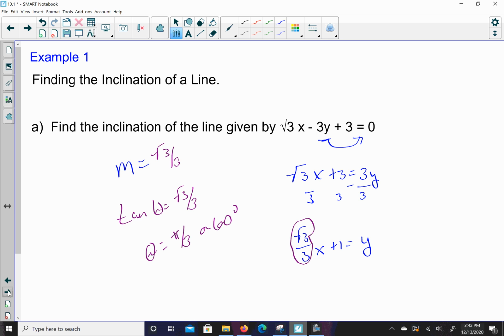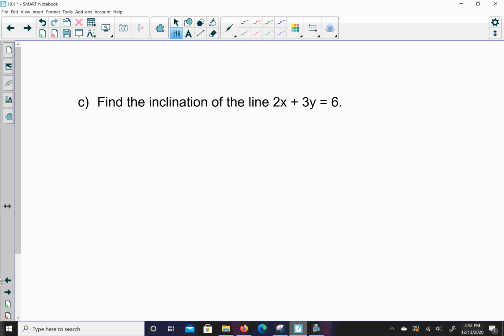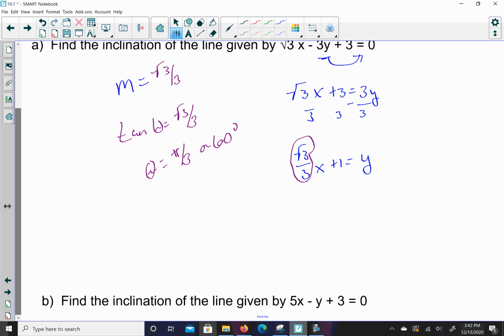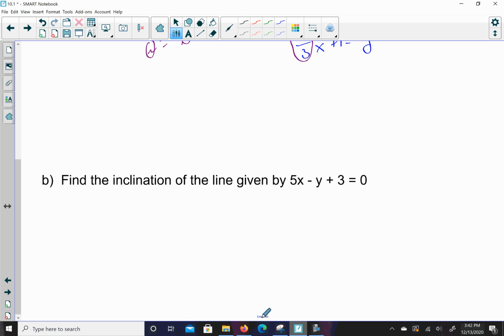Doing another one. It must be back here. There it is. Find the inclination of the line given by the equation. Again, I'm going to solve for y. I'm going to throw y over here, so I have 5x plus 3 is equal to y.